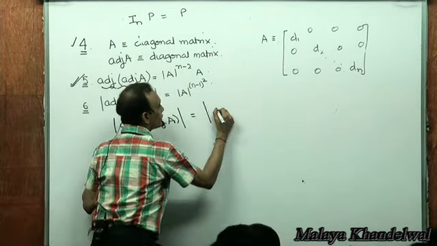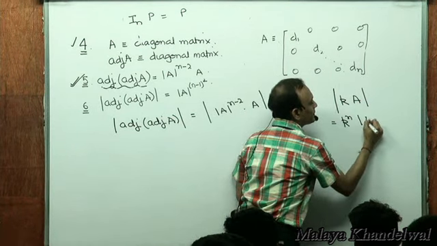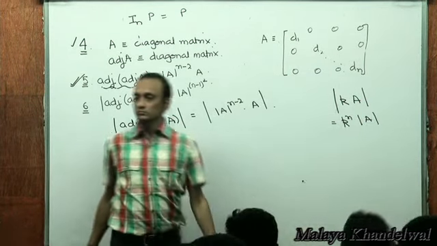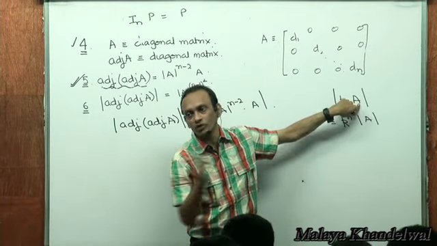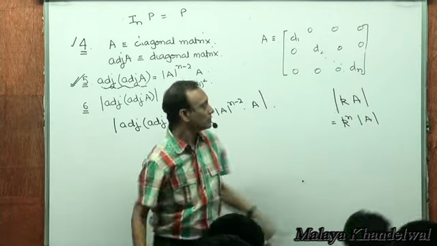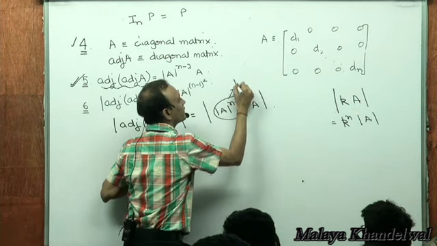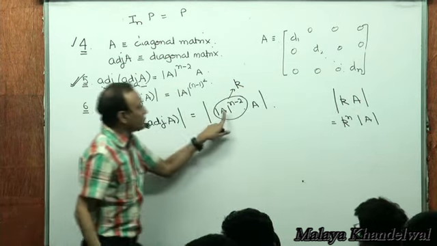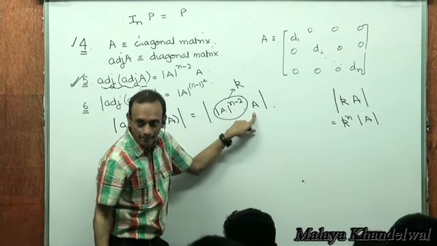Determinant of K, a scalar, times A is going to be K to the power n times determinant A. Yes or no? Because every entry of A is multiplied by K. So you could have taken K common from each of the n rows and it would have become K to the power n. Right? Now, my K is this. So determinant of K times A would be K to the power n times determinant A.